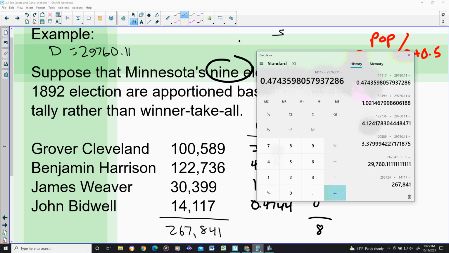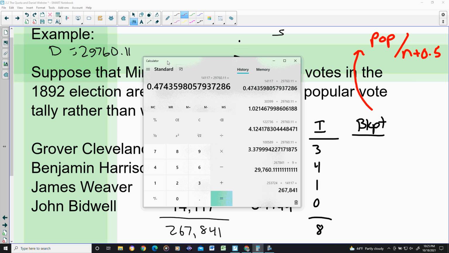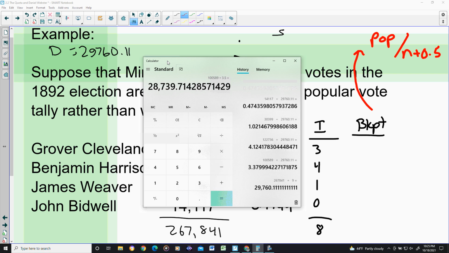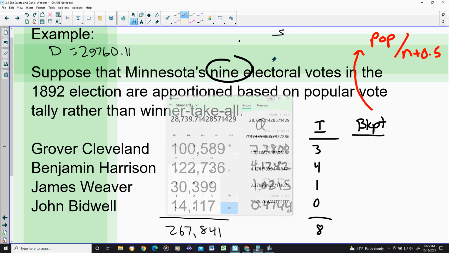So let's go ahead and do that. I'm going to take each population and divide by allocation plus a half. 100,589 divided by 3.5 gives me a breakpoint of 28,739.71.